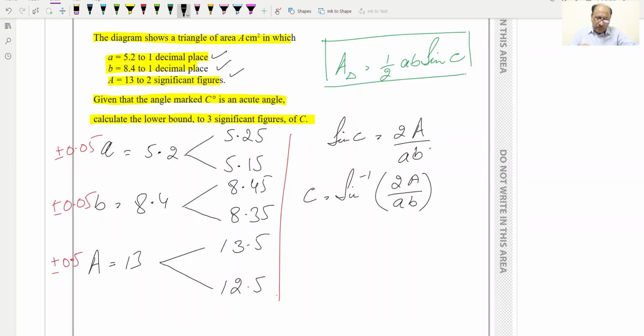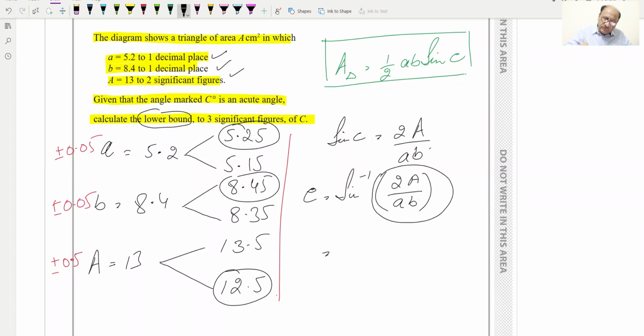Now we require the lower bound. So the lower bound of C will be when we use the lower bound for A, and for the A and B values in the denominator we use the upper bound, so that we get a minimum answer for this section, so that the angle should be minimum.